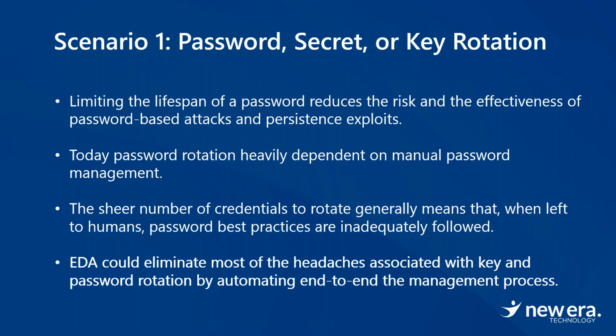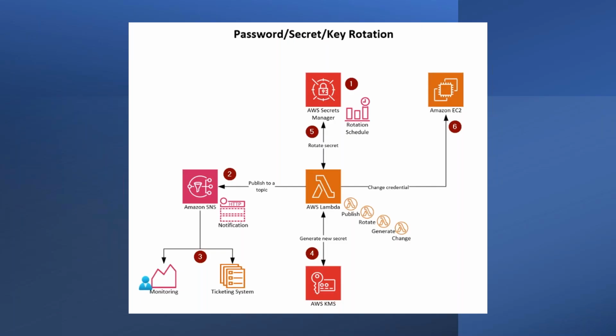With EDAs, or event-driven architectures, you could eliminate most of the headache associated with key and password rotation by automating the management process end-to-end. So in this diagram, we have different AWS services. Starting on the top with number one, we have a service called AWS Secrets Manager. Secrets Manager is basically a password vault.